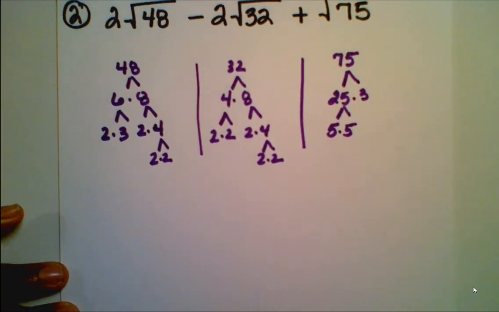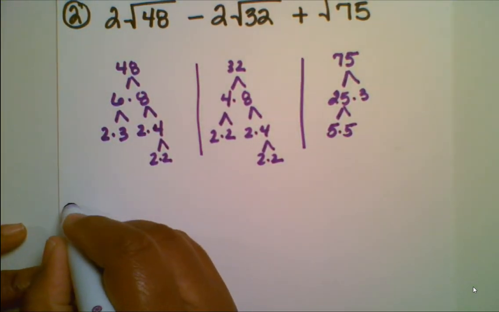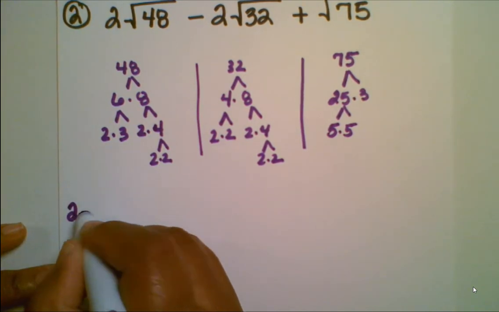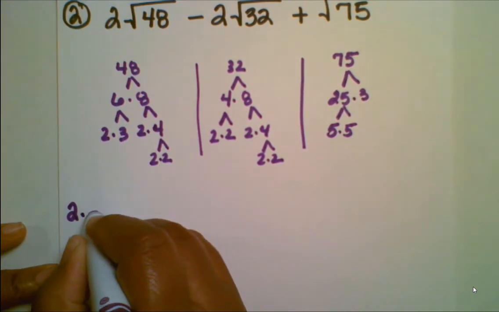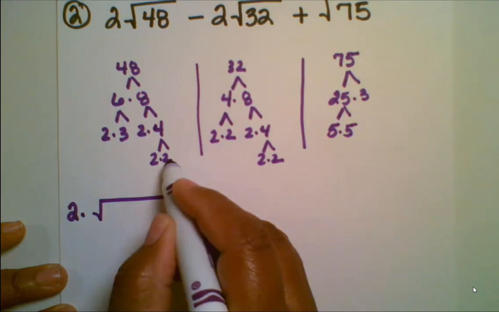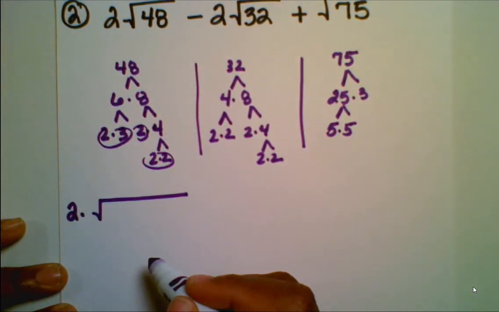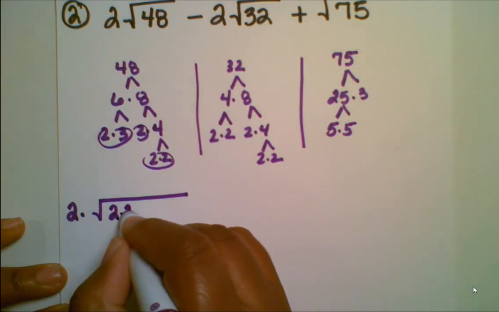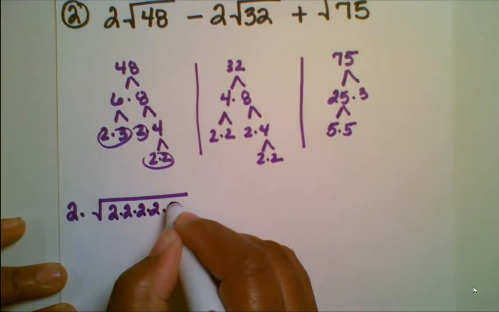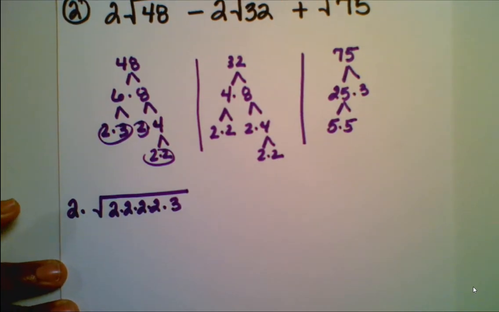So let's look at 2 square root of 48. That's 2 times the square root of 48. Let's go ahead and list the prime factors. We have 4 2's and a 3. Let's go ahead and simplify that one.